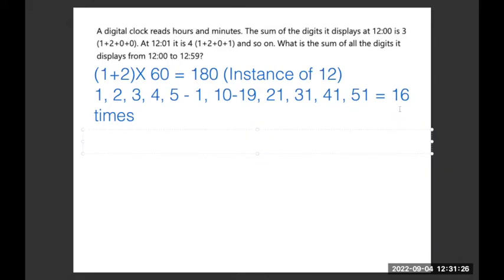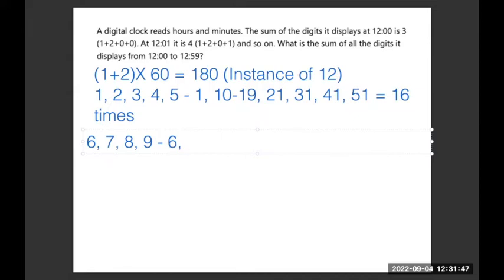Likewise, for the numbers 6, 7, 8, and 9, the repetition will be like individual numbers. I'll take the example of 6 here.